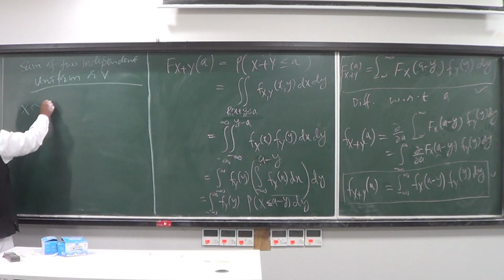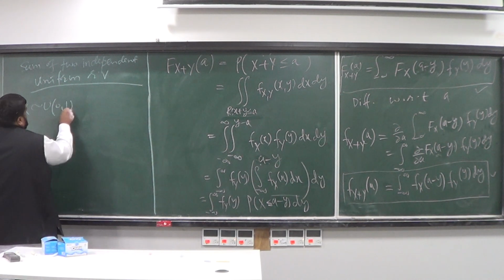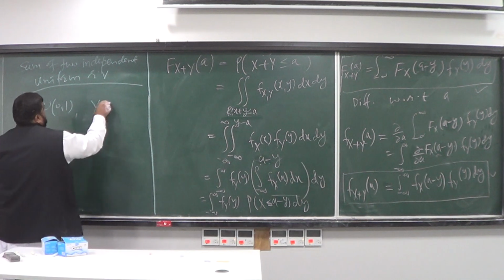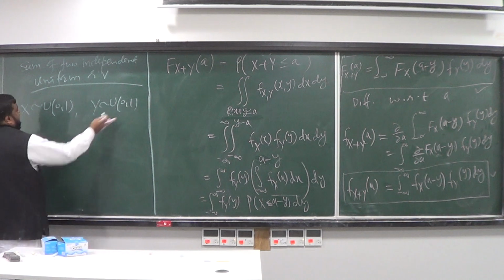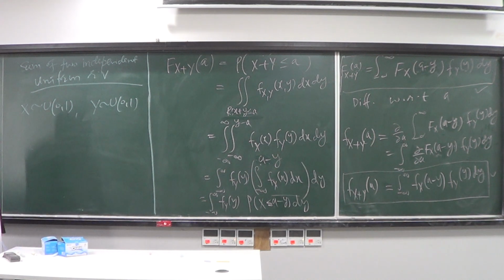If x is uniformly distributed on 0, 1, and y is uniformly distributed on 0, 1, I mean, if you wish, you can take a, b and c, d and then try to calculate the uniform distribution. For the sake of simplicity, I'm taking x to be uniformly distributed over the interval 0, 1, and y also uniformly distributed over the interval 0, 1.